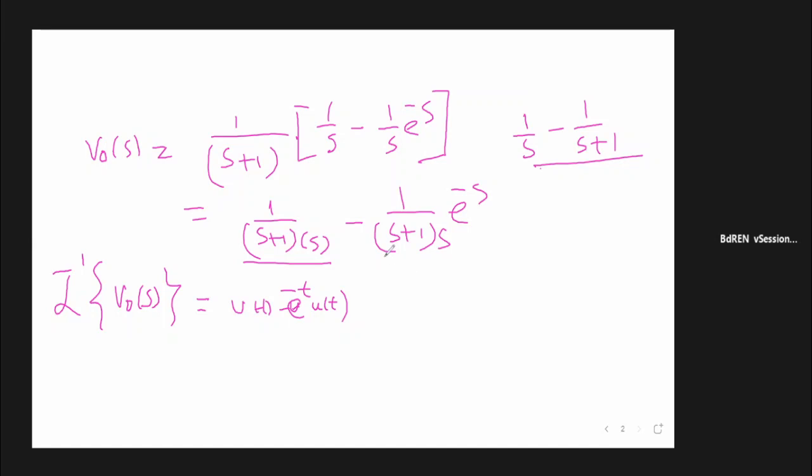Okay. Now we have a second term there. That second term contains a main term, something like this, and a delay term is there. This term in your Laplace transform is coming because of time delay or time shift.